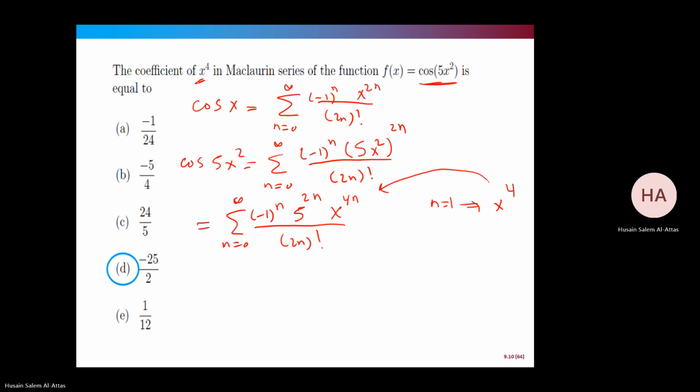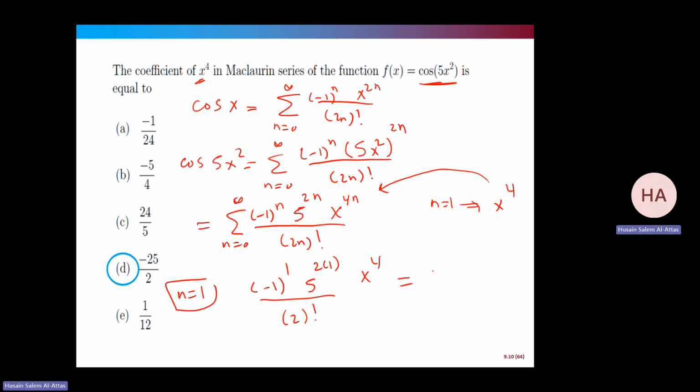So I'll check n equals 1. At n equals 1, what will be the coefficient? It will be minus 1 to the power 1, 5 to the power 2 times 1, x to the power 4 over 2 factorial. So that'll give me minus 25 over 2 x to the power 4, and that's my coefficient.